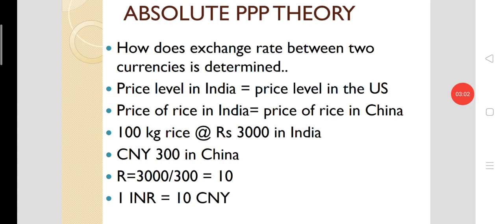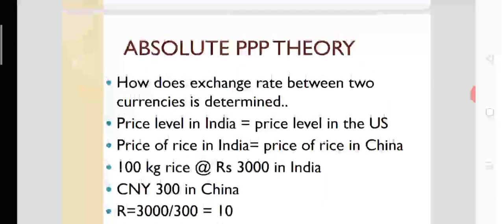So let's look at how the exchange rate between two currencies is determined. When we consider the exchange rate of India in terms of Chinese yuan, let's look at an example first. If 100 kg of rice is priced at 3,000 rupees in India, the same 100 kg rice in China is priced at 300 Chinese yuan.